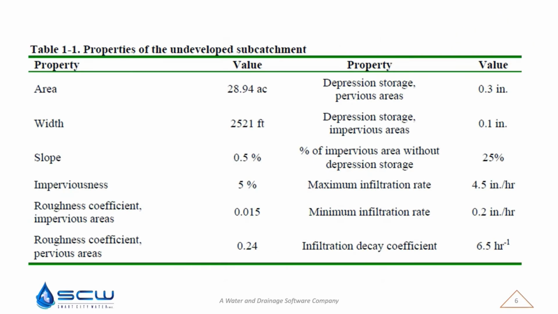We also have some information about our catchment area in the pre-development condition. The area is 28.94 acres. The width of our catchment is 21 feet. Again, the width of catchments is always debated. It's very controversial.